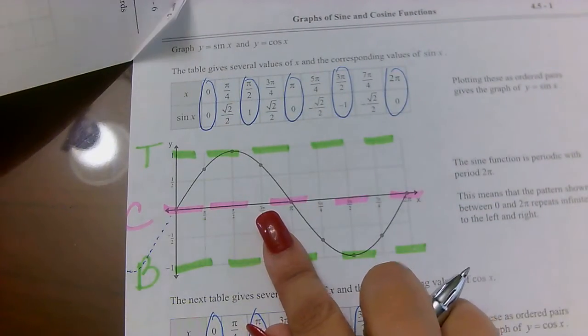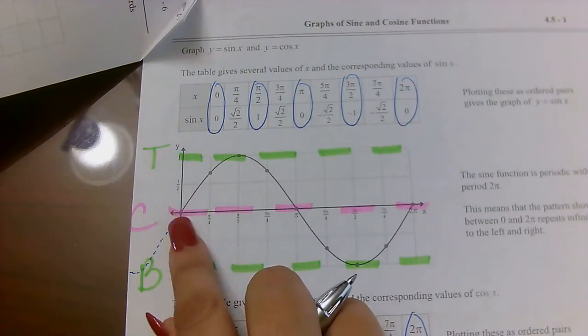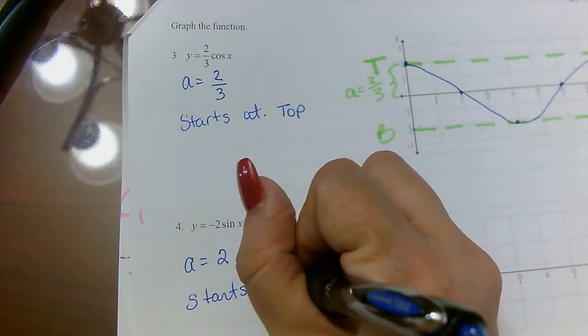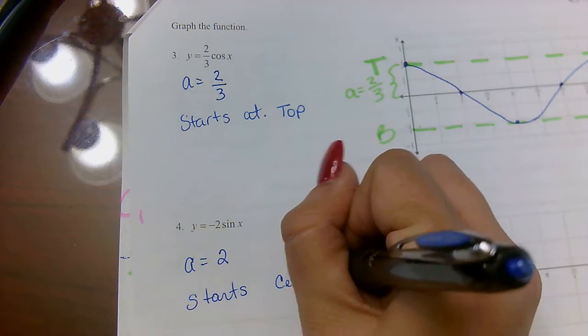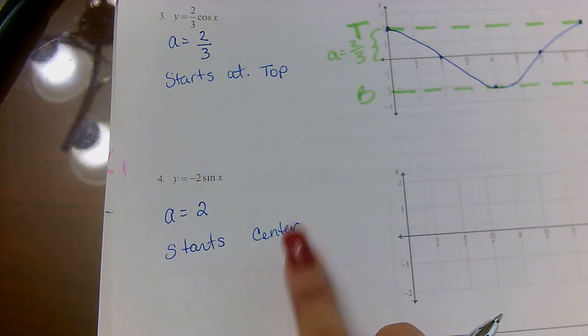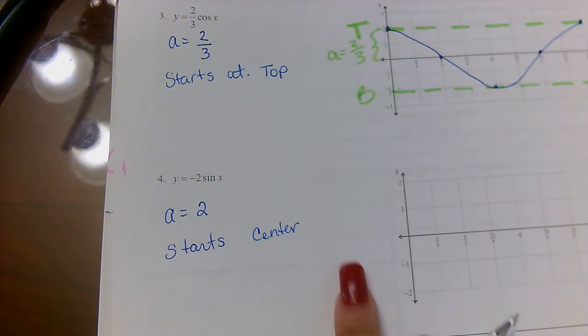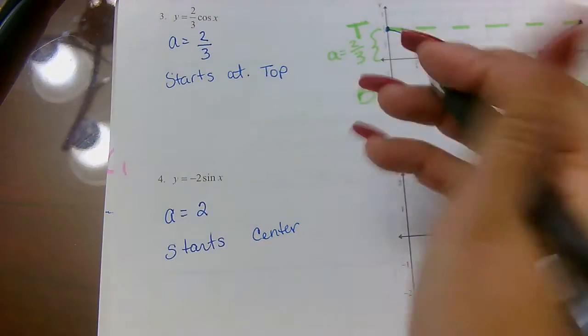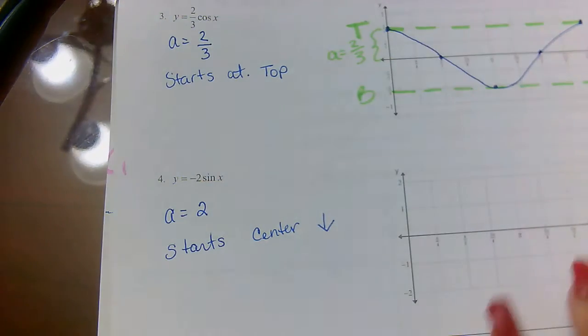Here's our sine function. Sine will always start in the middle, in the center. When it starts in the center, we have to decide, is it going up or is it going down? When there is a negative in front of the A, you're going down. If it's a positive in front of the A, then you're going up.